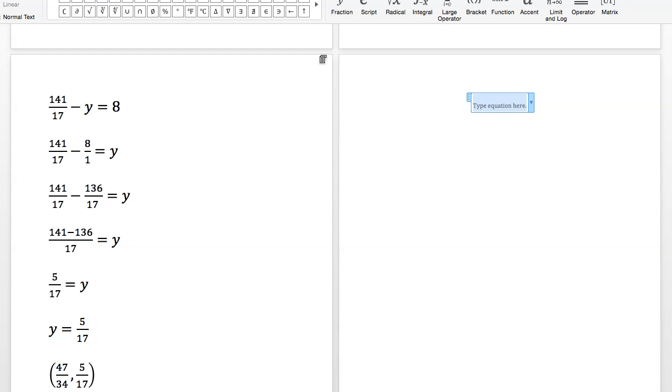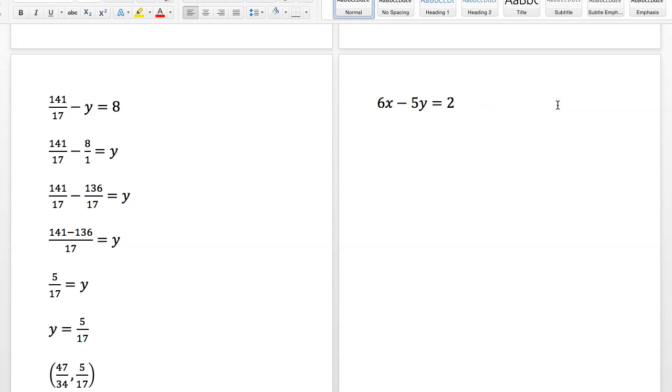Let me consider, what if I want to do something that might force the issue a little bit? What if I did like 6x minus 5y equals 2 or something? Now, I want to do one where I can't necessarily wiggle out of. One that I might not necessarily just weasel and get out of.